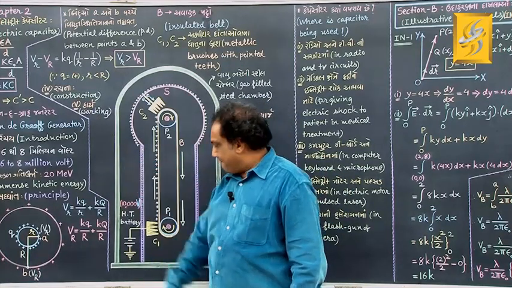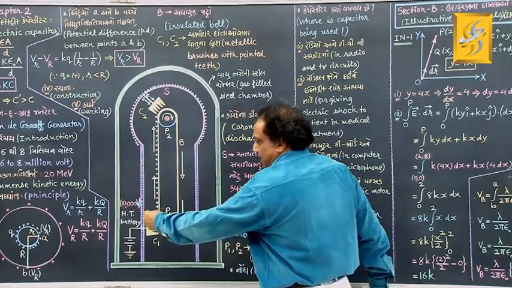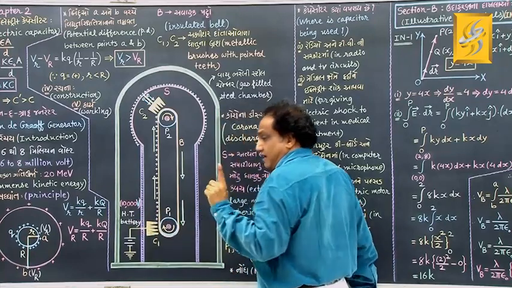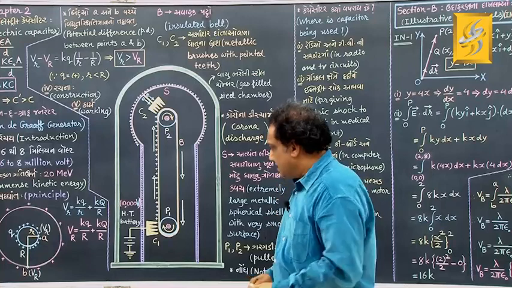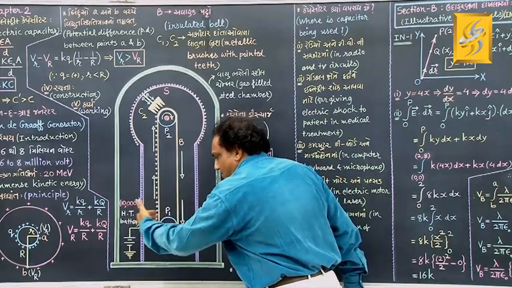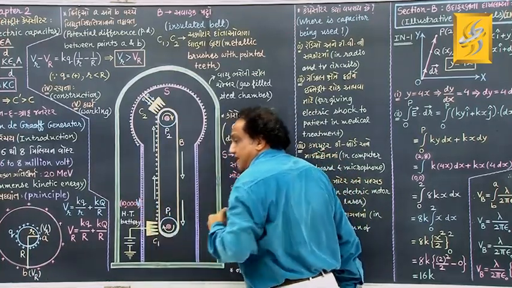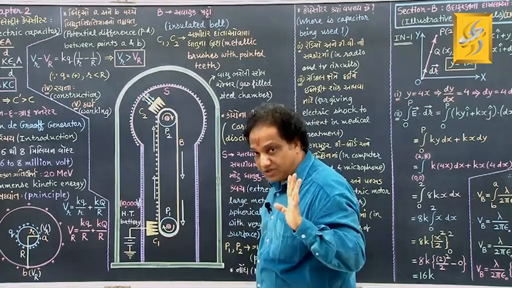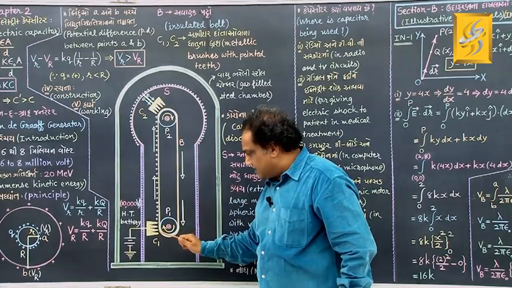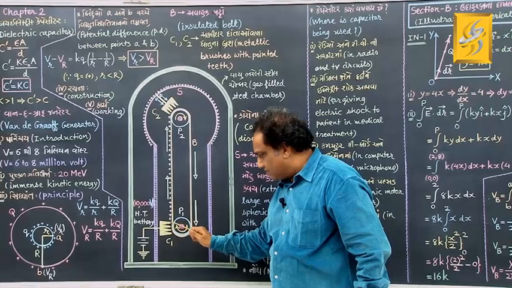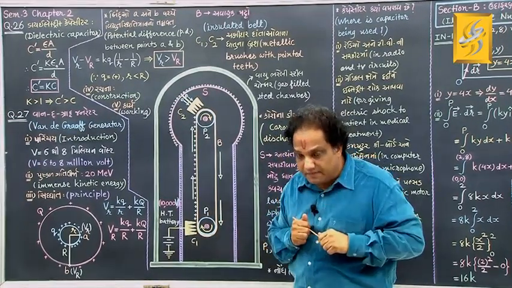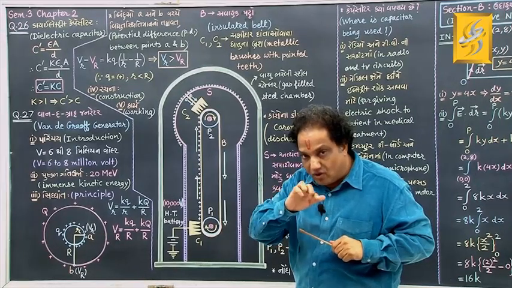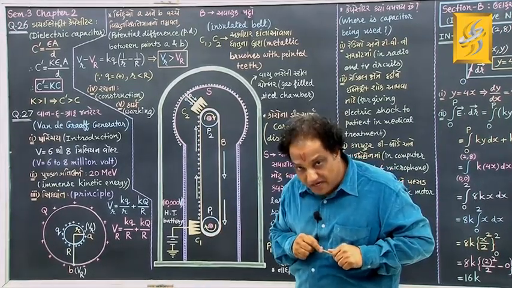Through this spray comb, as I explained earlier, with the help of the process called corona discharge, there is a continuous spray of positive ions. That is, a continuous spray of positive charge, and that positive charge is deposited on the surface of this moving belt. Correct? But because the belt is non-conducting, charge itself cannot move on the surface of the belt.